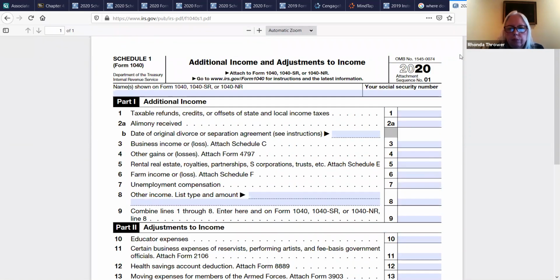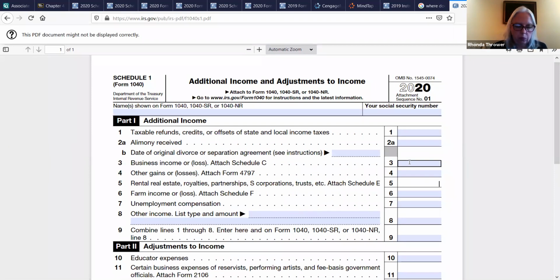There it is. And then on line 5, this is where we're going to record the 16,076 as a loss.